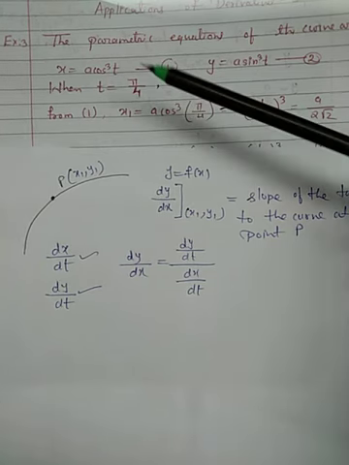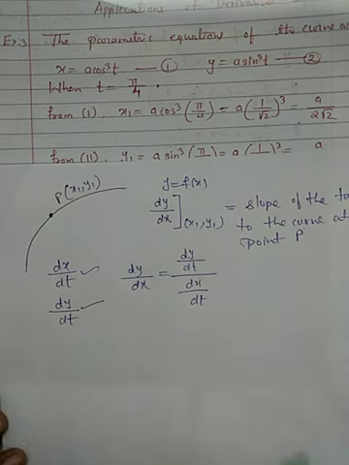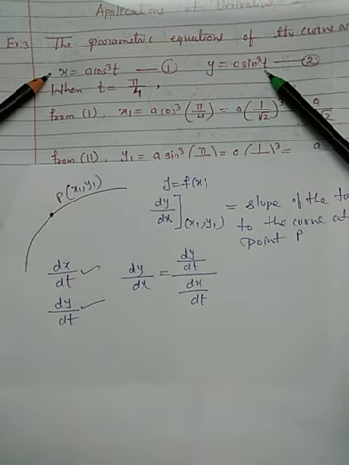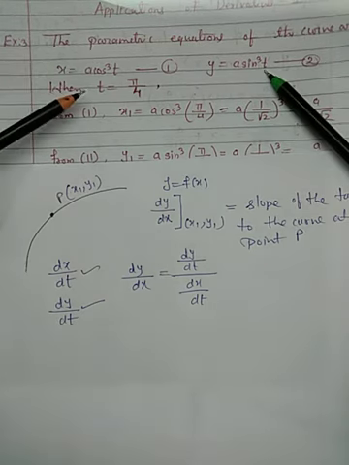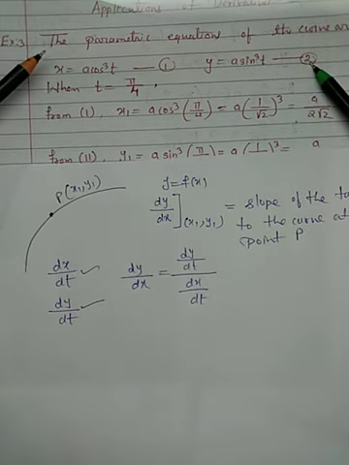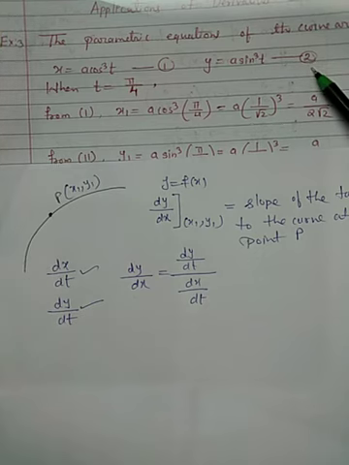Is it clear? Now children, because it is an equation given in parametric form, x equals a cos cube t and y equals a sin cube t are given. When I substitute the value of t equals pi by 4 in equation 1 as well as in equation 2, won't we get the point at which we want to find the equation of tangent? Are you getting my point?